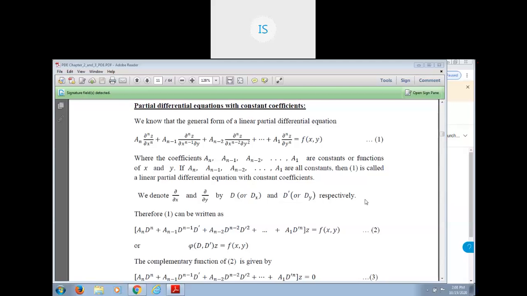First order, ma'am. It is first order because here del z by del x and del z by del y arise. Or suppose it looks like this, 5p plus 6q equals 0. Remember that if p and q terms arise, this is a first order PDE.